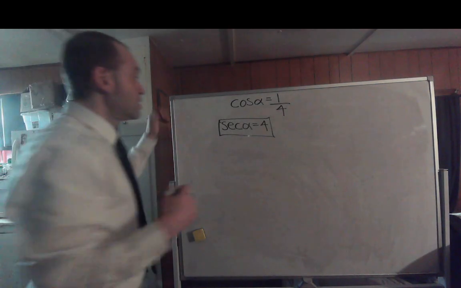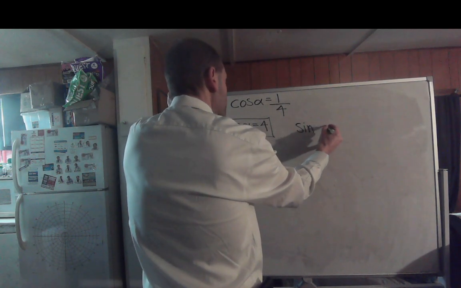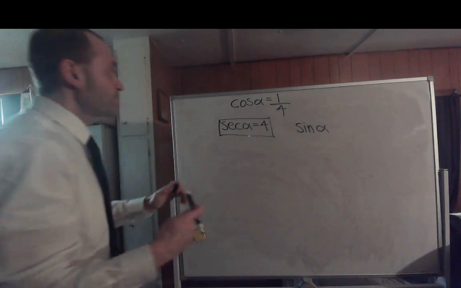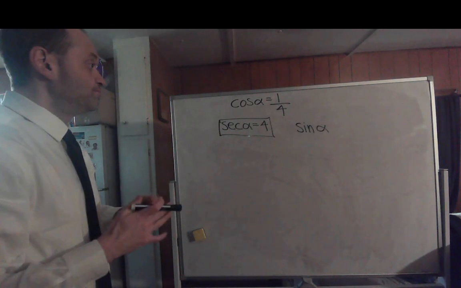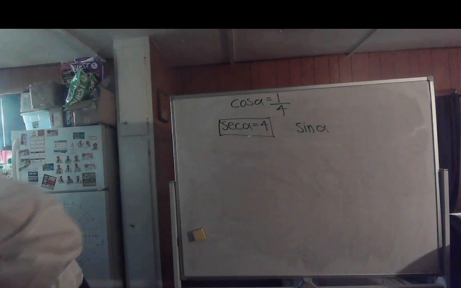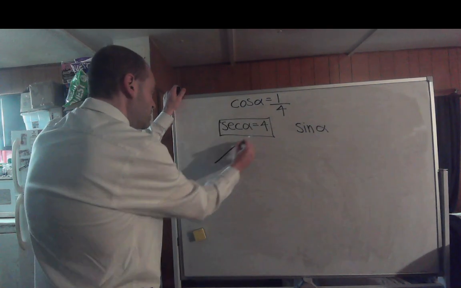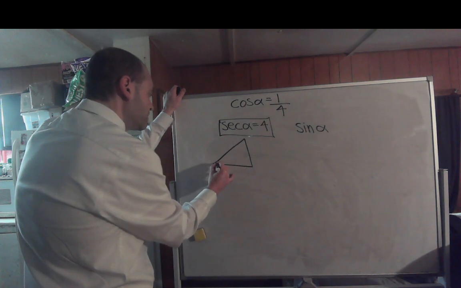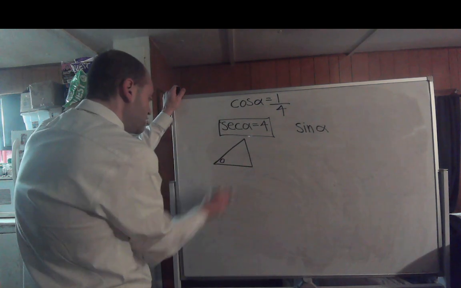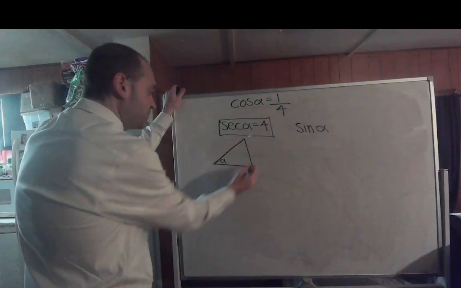Alright. Next they're going to ask you for the sine of alpha. Well, you may want to draw a triangle for this. You probably do want to draw a triangle for this. If we have an angle alpha, here's your angle alpha.